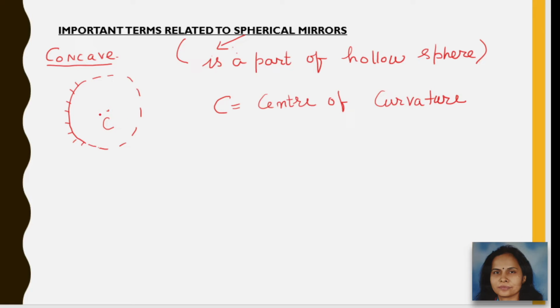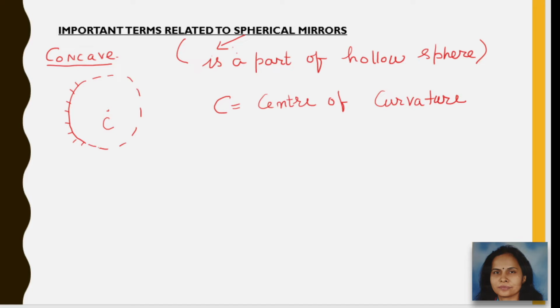This capital C is known as the center of curvature. This is the center of the hollow sphere from which you are getting your concave or convex mirror, right? So this C, the center of curvature, is the center of the hollow sphere of which the spherical mirror is a part.